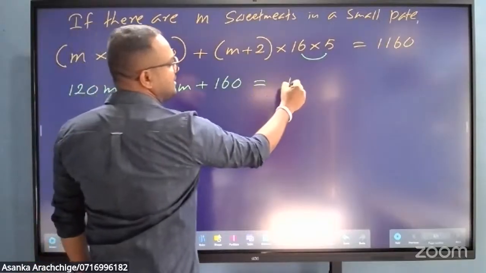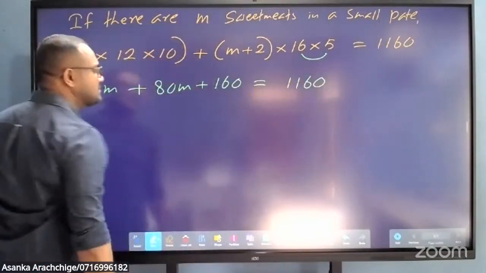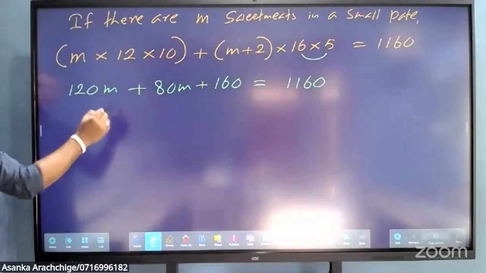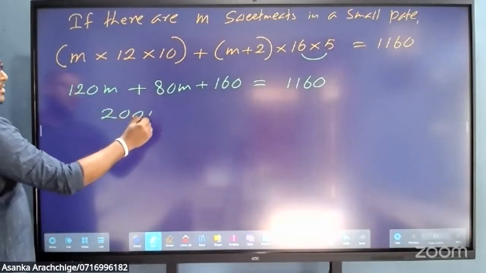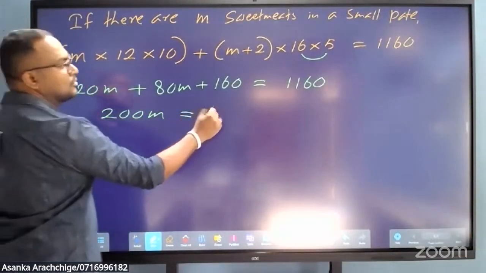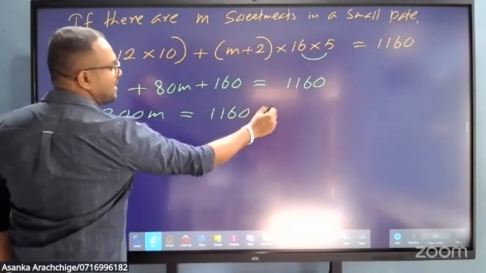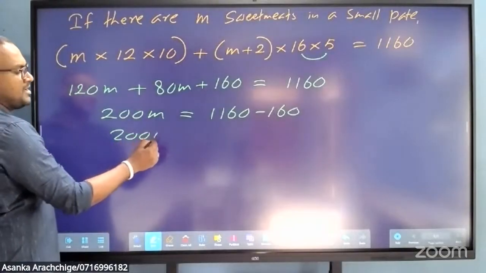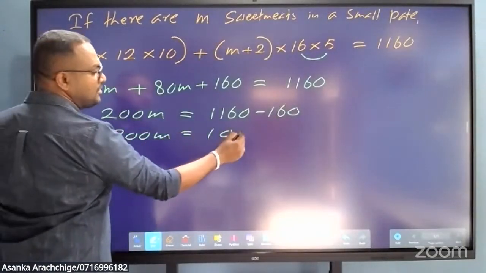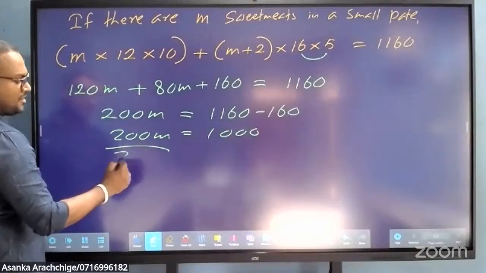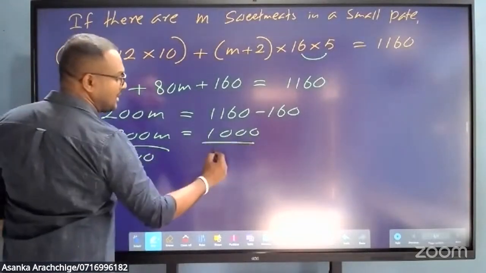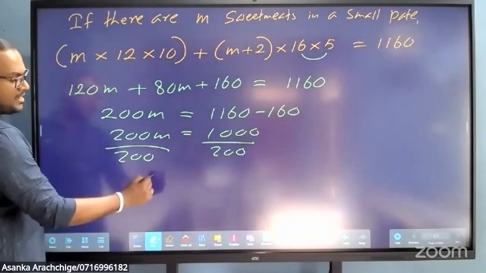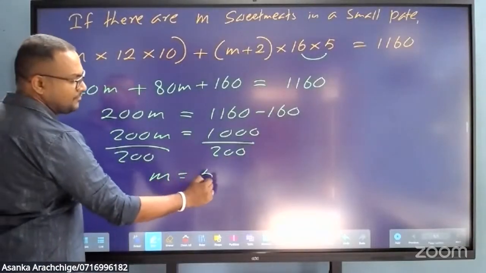That must be equal to 1160. 80 plus 120, 200 m is equal to 1160 minus 160. This is 200 m is equal to 1000. Divide the equation by 200. m is equal to 5.